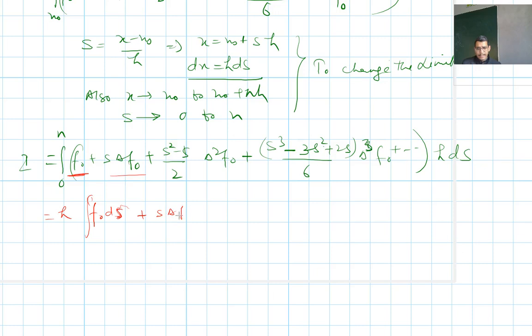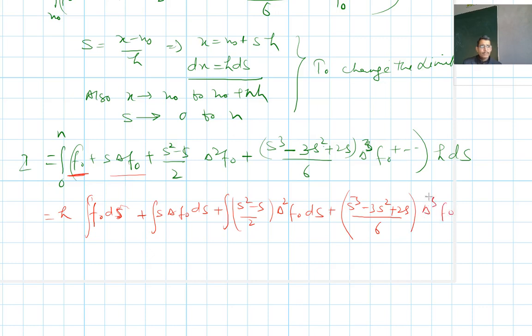Plus s delta f naught, its integral, plus s square minus s by 2 delta square f naught ds, its integral, plus s cube minus 3s square plus 2s divided by 6, and delta cube f naught ds, and so on, and the limit is from 0 to n.